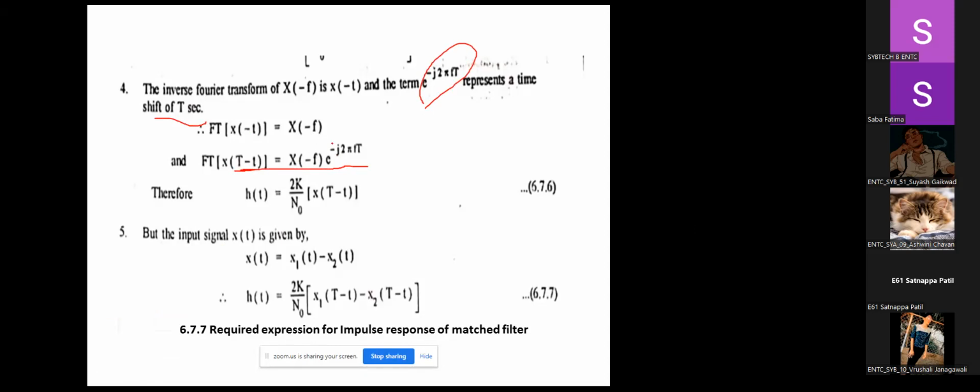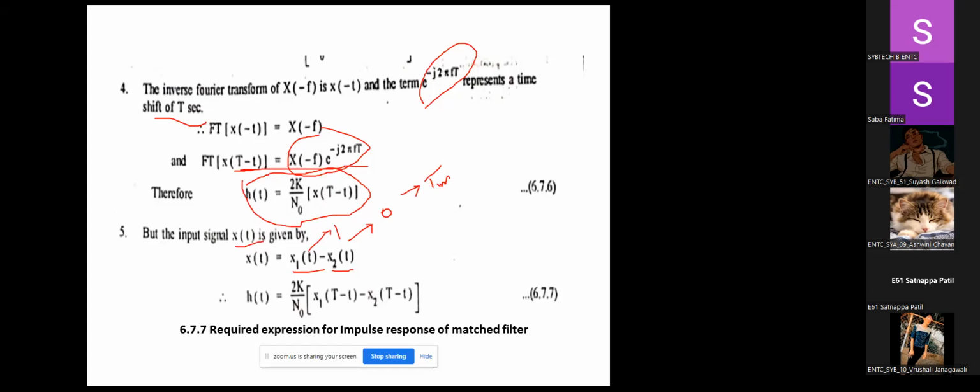So the entire expression is rewritten over here as h(t) equal to 2K by N0 times x(T minus t). But you know that the input signal x(t) is given as x1(t) minus x2(t). So now here we are saying 1 is transmitted and here 0 is transmitted, and both of them are going to travel at the same interval T. So don't get confused between capital T of this and capital T of this.